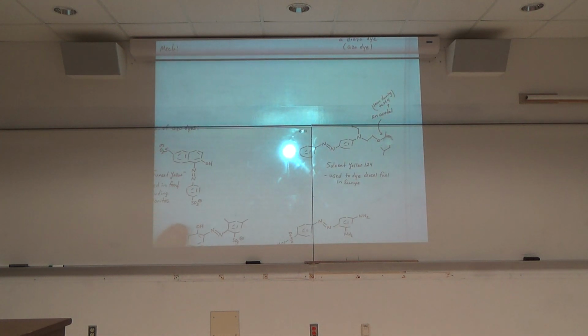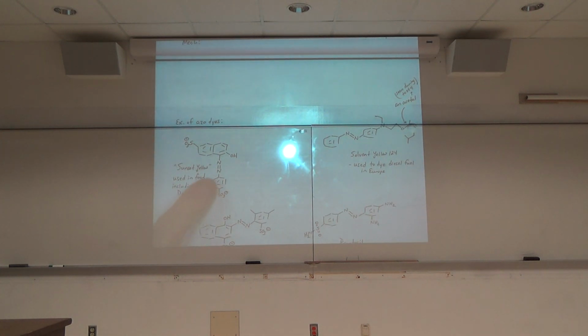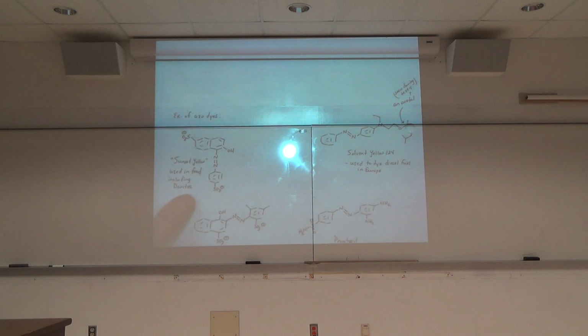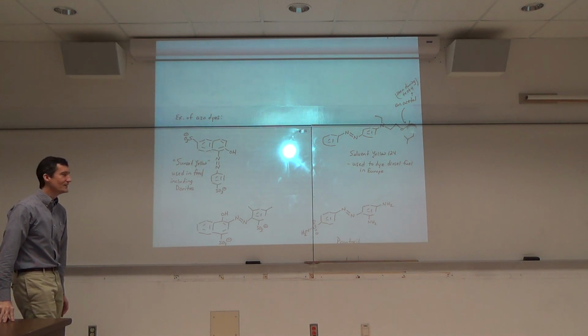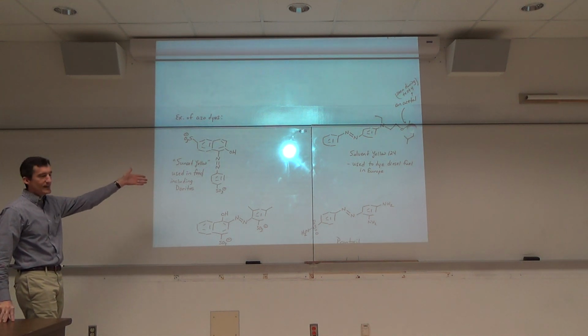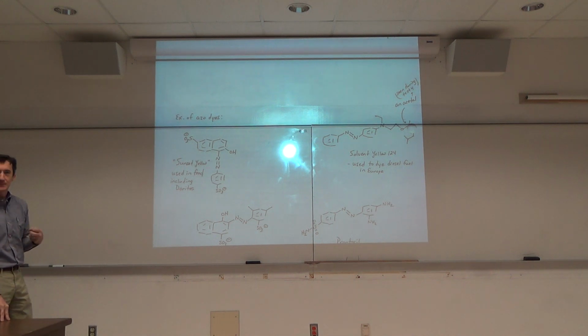Here's some down here, examples of azo dyes. You see the diazo linkage? You'll find this one in Doritos. It's yellow, and they use it to make Doritos even more yellow, so you like them more. Nobody likes faded out Doritos, do you? No. Instead, you like to have this cancer-causing dye in there that makes it look good.